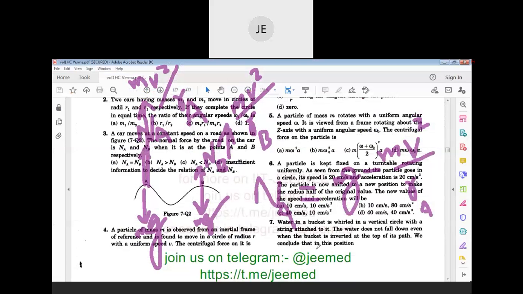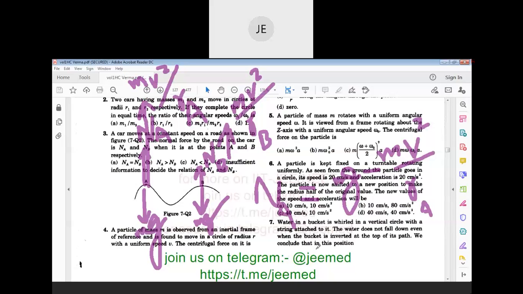Here we can see RB is more. The radius of curvature for the B hump is more. So you will get Nb as a lesser value.